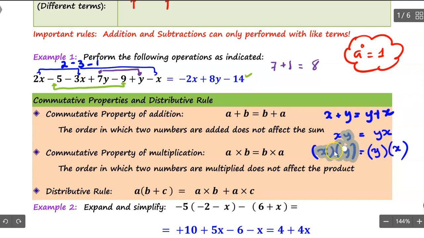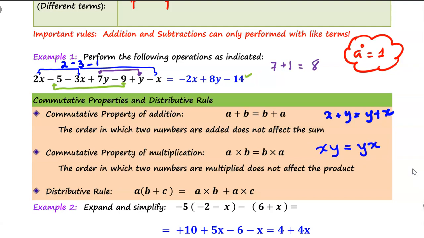Okay, so I just erase this, and just to remind everyone that I can write xy equal to yx. It's the same as I take x times y, the same as I take y times x. So if you take 2 times 3, it is equal to 6. 3 times 2 is also equal to 6.